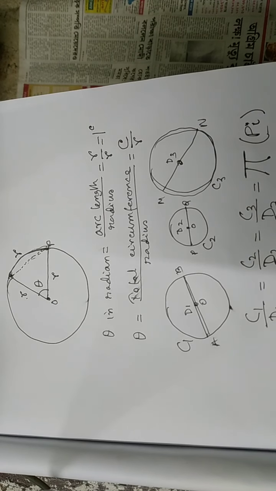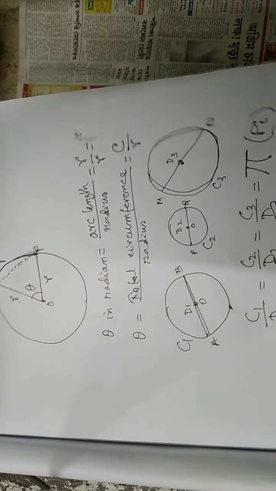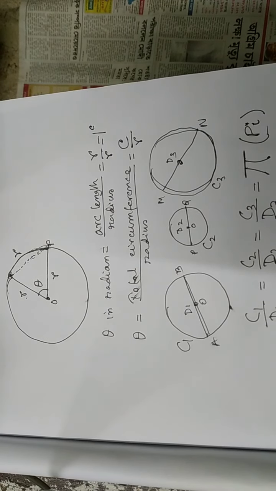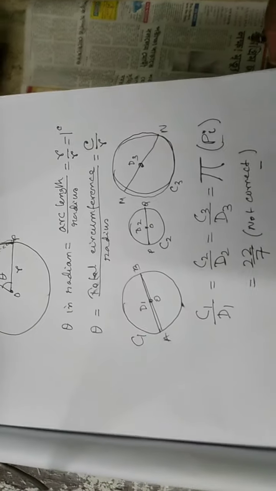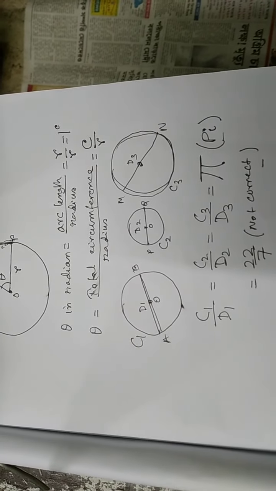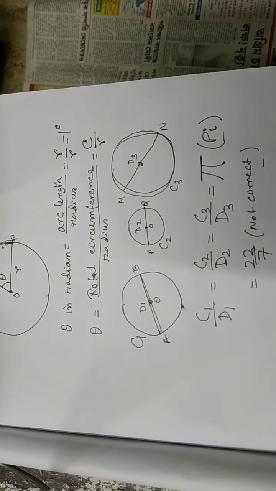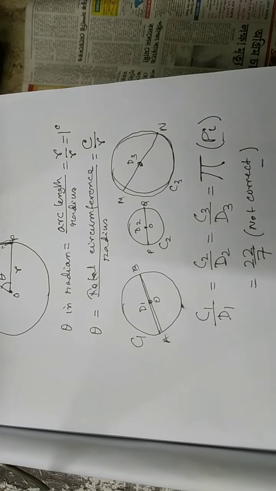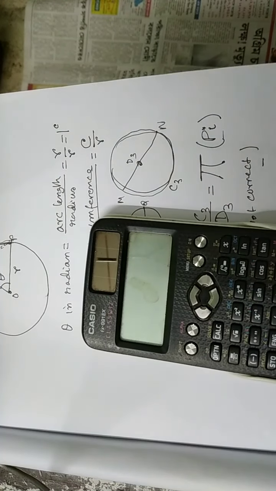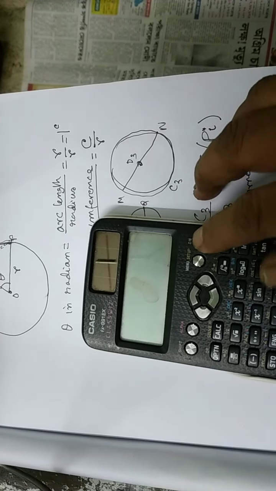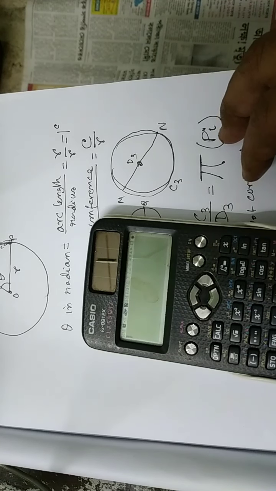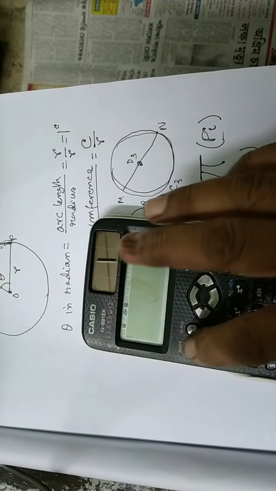We can write pi equal to 22 by 7. This is not correct. Pi is actually a very large, never ending number. Suppose this is a very modern scientific calculator, and we want to find the value of pi.